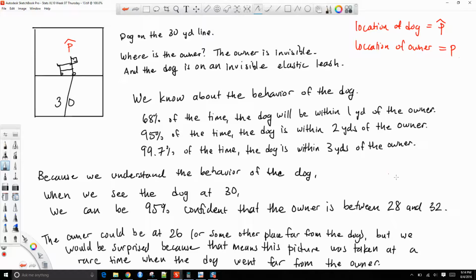Okay, what we do know though is that p hat follows the normal distribution. Okay, so this is the behavior of p hat. It follows the normal distribution.